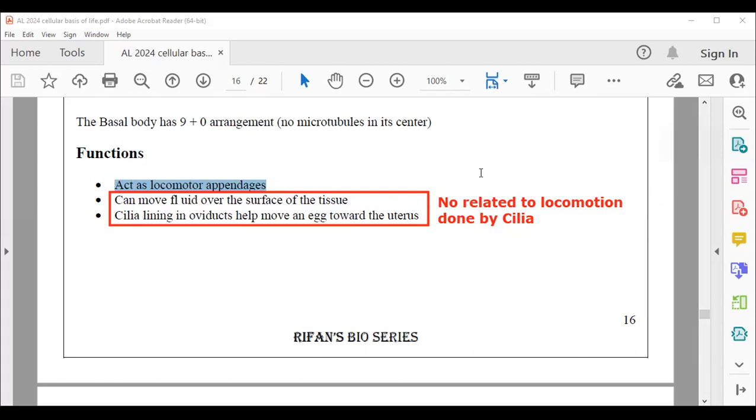Fluid moving, egg moving, all are movement-related functions, but not all movements are locomotion. Clear? Yes, sir. Good. So you can mark this point, then we can move further.